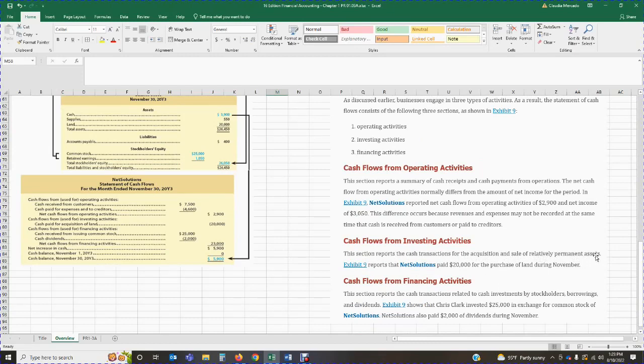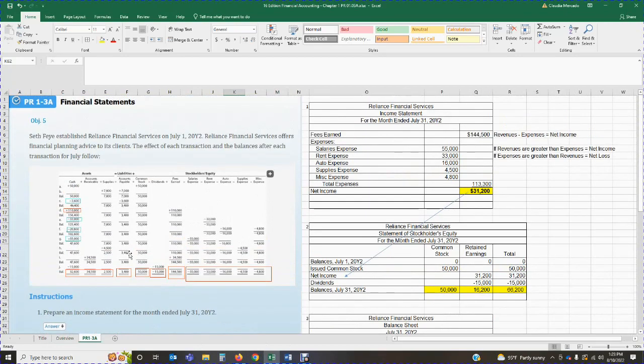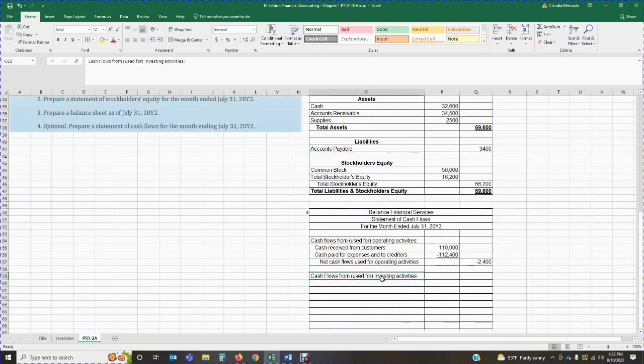If you buy a car, a piece of equipment, or furniture, those are permanent assets that are going to belong to the company long term. Based on the information provided in the problem, it makes no mention of any acquisition of assets. So that is going to be a 0. I'm going to bring that number down and make it a 0. We did not have any investing activities.